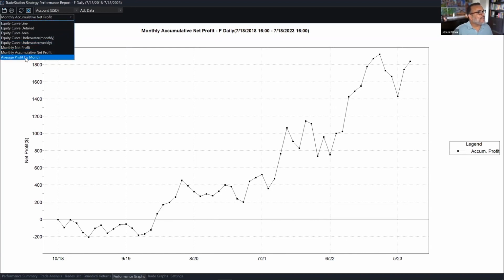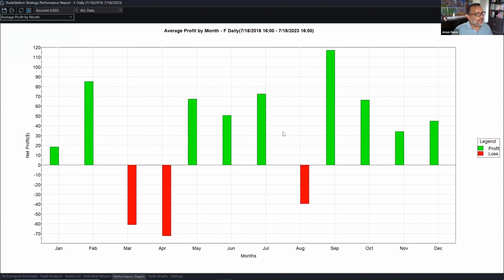And lastly, average profit by month. This is kind of a cool graph because it takes all the Januaries and combines them together. Remember, we have 5 years of historical data. In this particular case, I'm not sure if that gives us a total of 5 Januaries. However many Januaries we have, it's going to take the P&L of all those Januaries and combine them together.